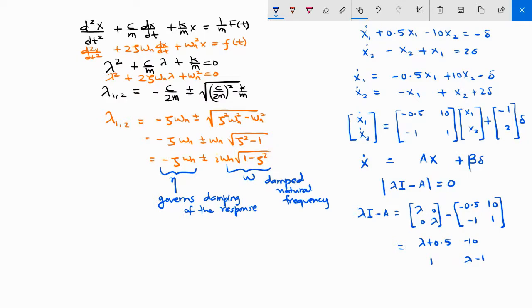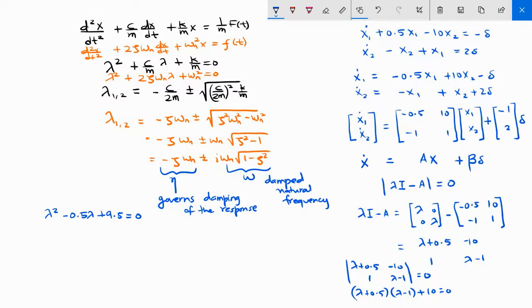And we want to set the determinant of this matrix equal to 0. So this gives us (λ + 0.5)(λ - 1) + 10 = 0. Now you can expand it out, and you will find that λ² - 0.5λ + 9.5 = 0.